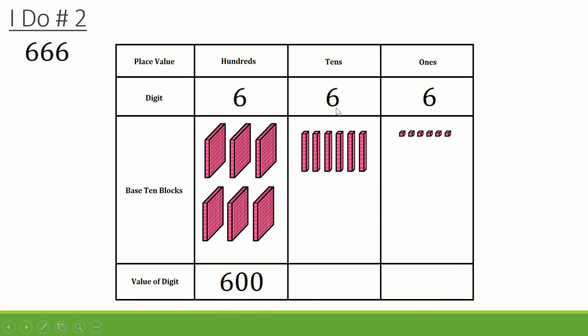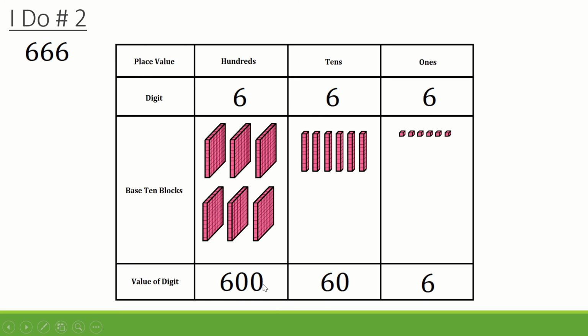The value of this 6, which is in the tens place, is 60 because we have 6 rods, and each rod has a value of 10. And then we have 6 units, and if I have 6 units in my ones place, that means that the ones place has a value of 6.